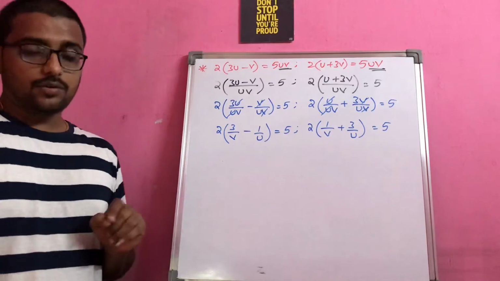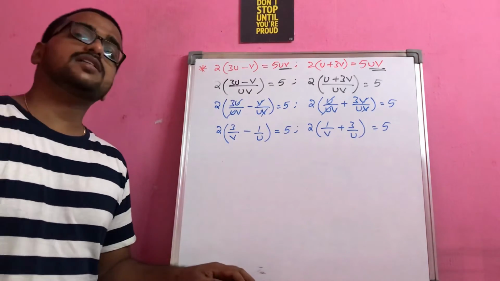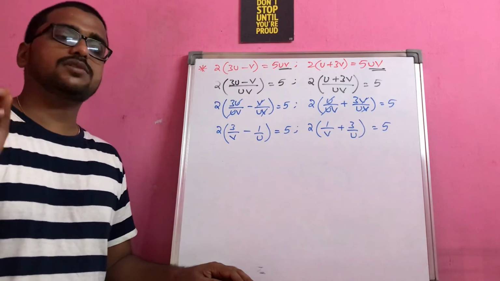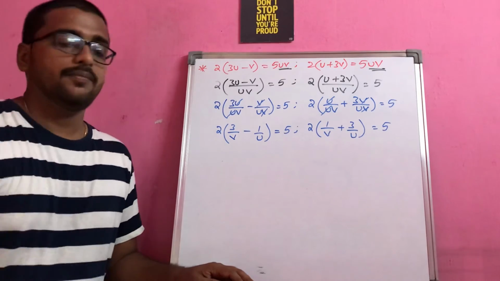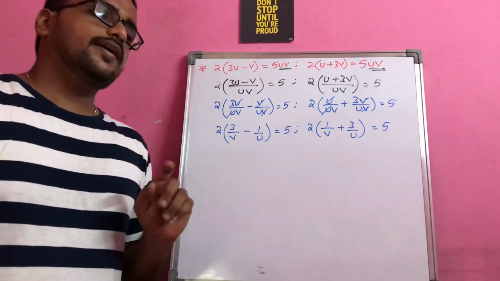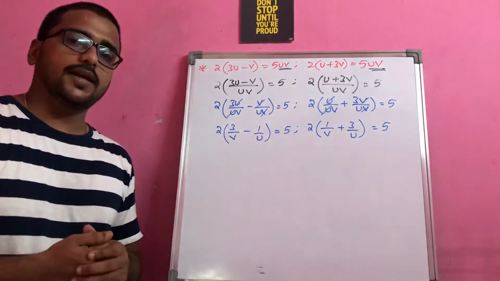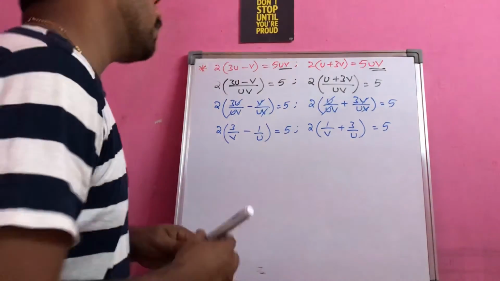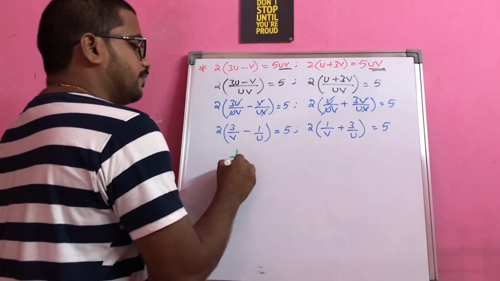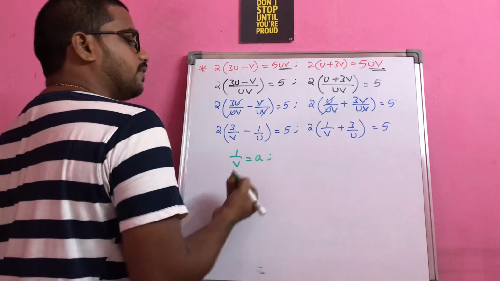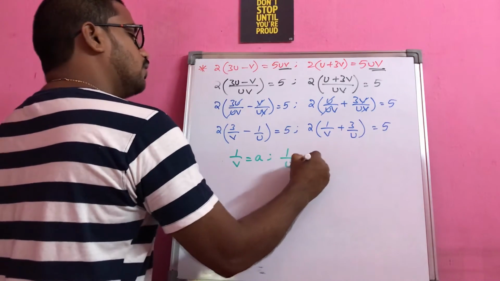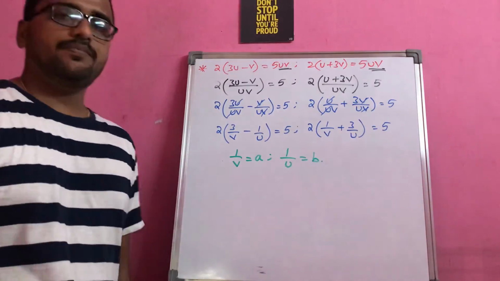So that's why I told you in the starting that whatever is repeating for more number of times, try to take it as some variable. See, in this 3 by v you are having 1 by v actually, right? So that means that 1 by v is only repeating for more number of times. So 1 by v I am taking as a, 1 by u I will take as b.